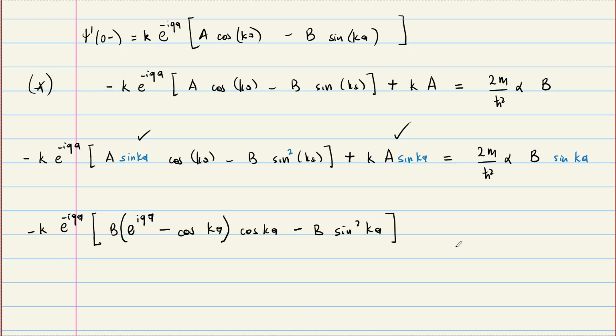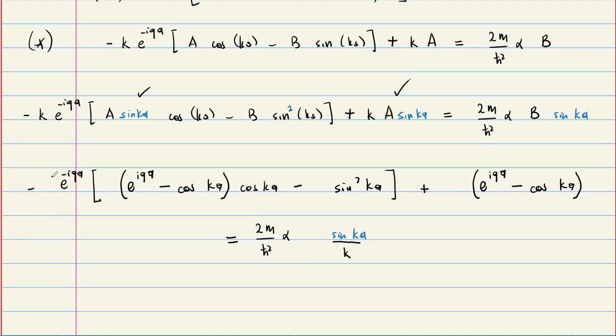Let me be careful with my parentheses. Plus K times A sine Ka, which is this, is equal to this thing. Now I will cancel the B's. This K is going to come here, so this is K, this one, and I'll distribute this inside.